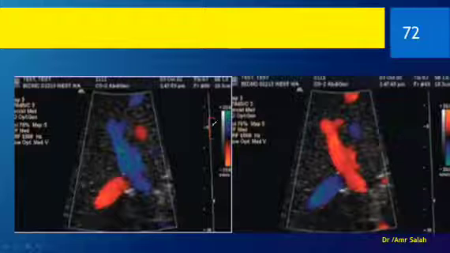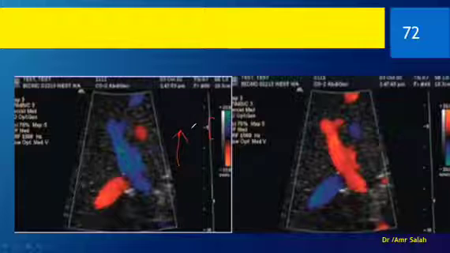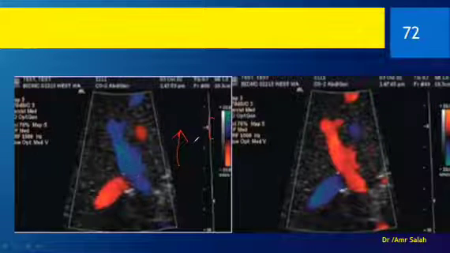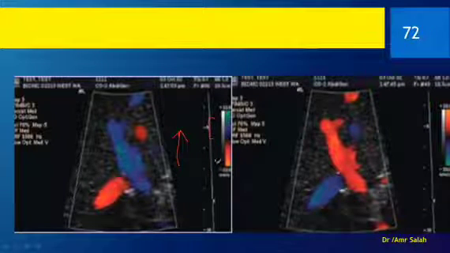Here the blue is above the baseline. As many people are used to, the red is always above, it is towards the probe. So if you prefer to see it this way, just do it this way, but pay attention that someone might have inverted your colors. You might see the portal like this and think that something is wrong, but then you have to always check the color map or the color bar, because here the toward is actually blue.